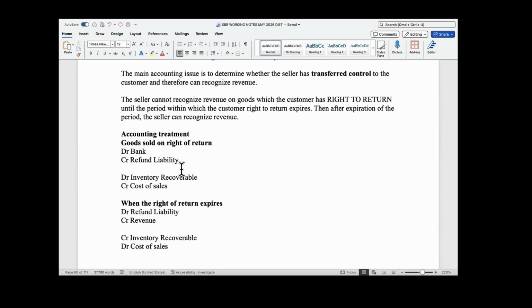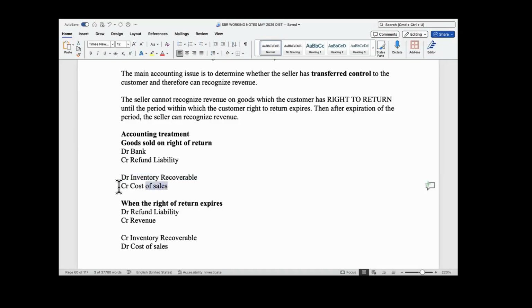Okay, all right. So I said that since we cannot recognize revenue for the goods that we sold on right of return, because they can return, we should recognize the liability instead. Meaning this money that we collected, we might return the money itself. So the inventory that we are also expecting, we should debit to an inventory recoverable account as well, because we are expecting inventory from them.